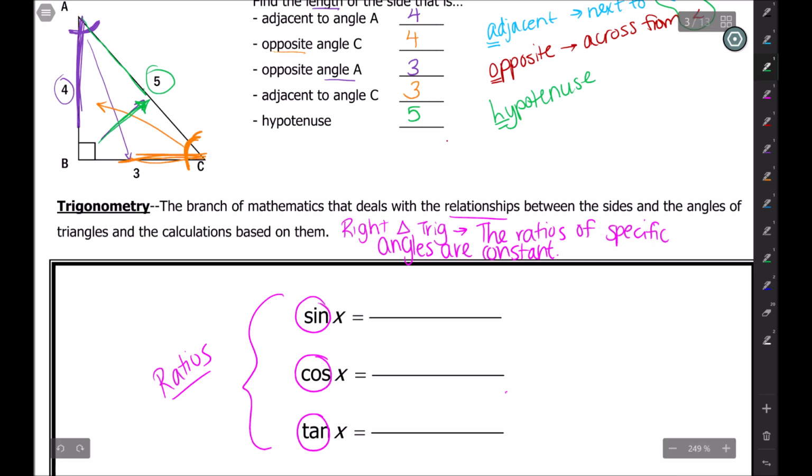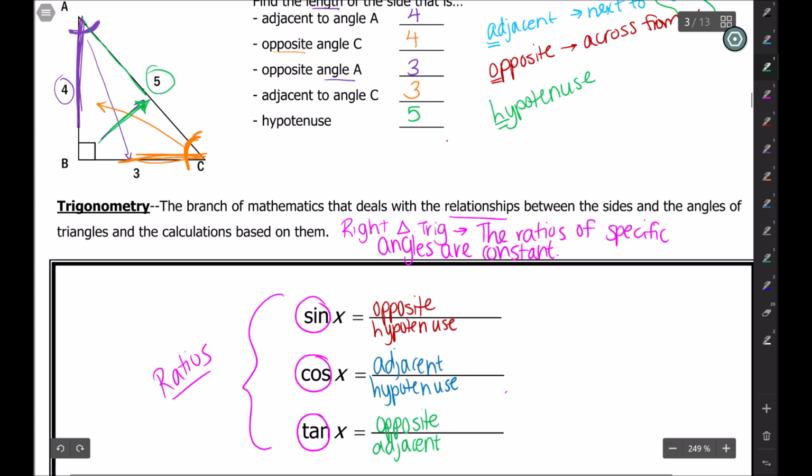Sine of x is always going to be opposite over hypotenuse. Always. The cosine of x is always going to be adjacent over hypotenuse. And the tangent of x is always going to be opposite over adjacent.